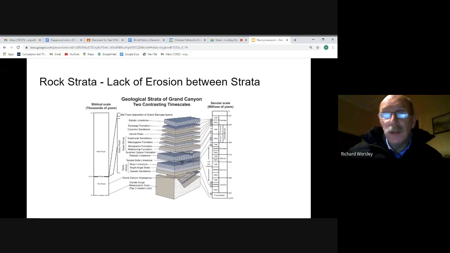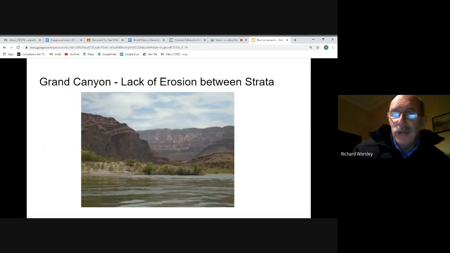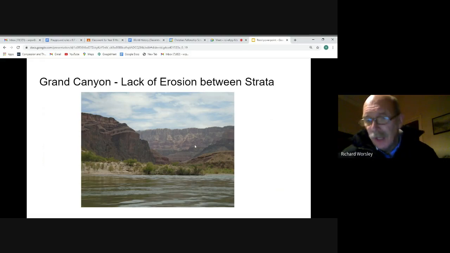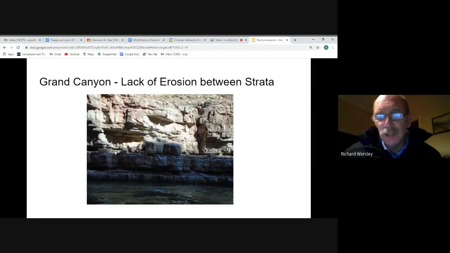Then I mentioned the lack of erosion between the rock layers, which are supposedly millions of years apart, yet there seems to be no sign of those millions of years. You see these flat lines brilliantly illustrated in the Grand Canyon because of the different colored layers of rock, and when you get up close, it's the same picture: flat lines, no sign of erosion.